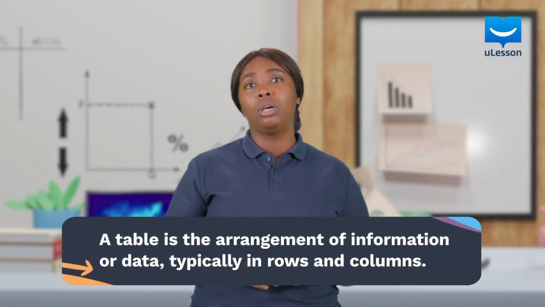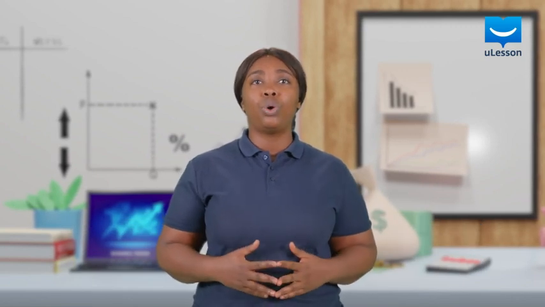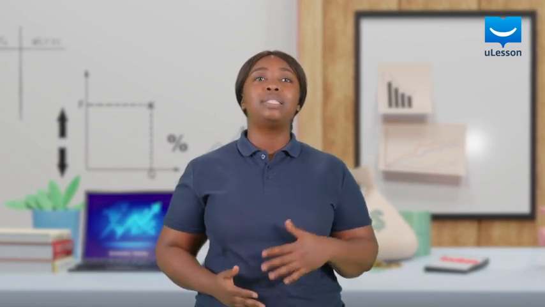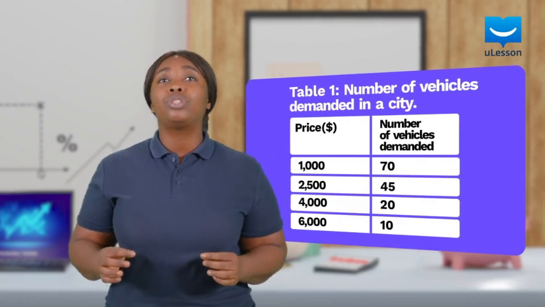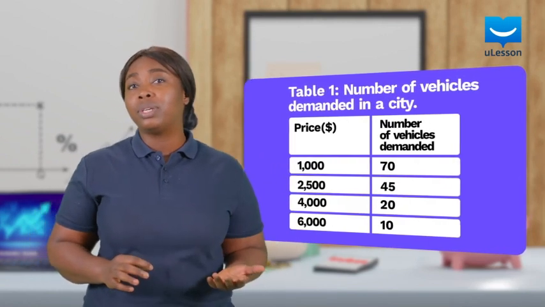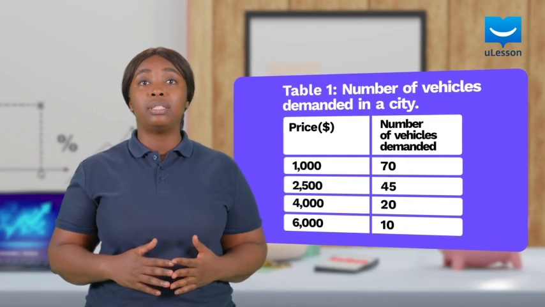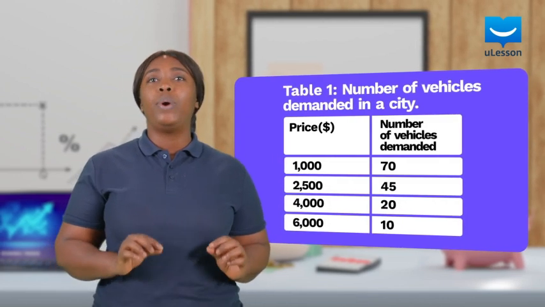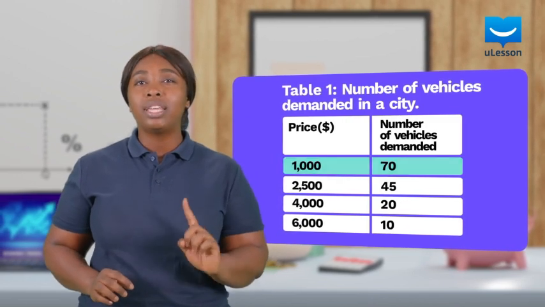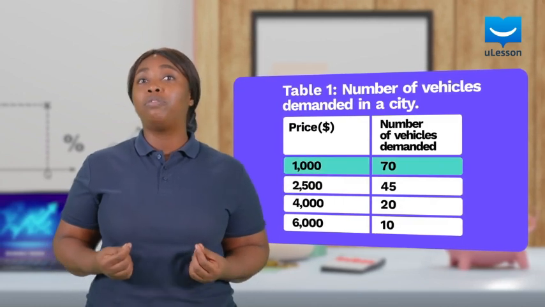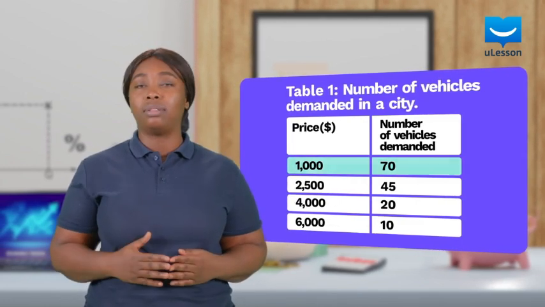As an example, we can use a table to show the data of number of vehicles demanded as price level changes. The table on the screen shows that as prices increase, the number of vehicles demanded reduces. When the price was at $1,000, the number of vehicles demanded stood at 70.